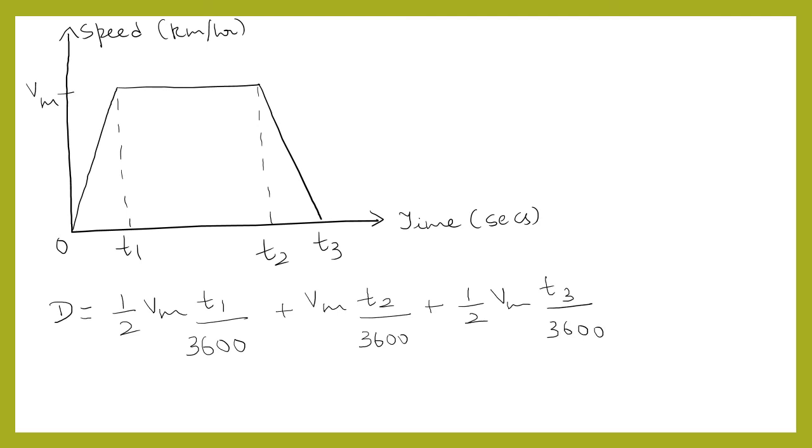We have T1 equal to Vm by alpha, which implies Vm is equal to T1 into alpha. T1 is 20 seconds and alpha is 2 km per hour per second. So we get Vm as 40 km per hour.